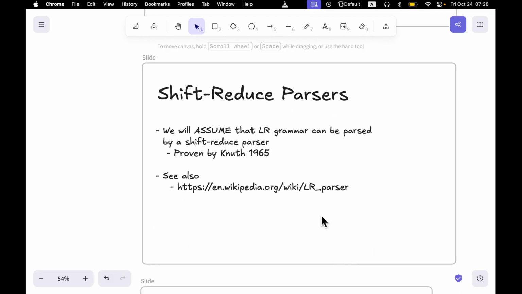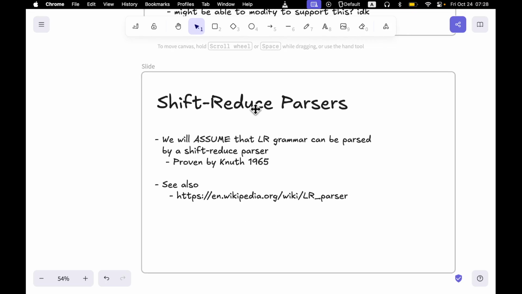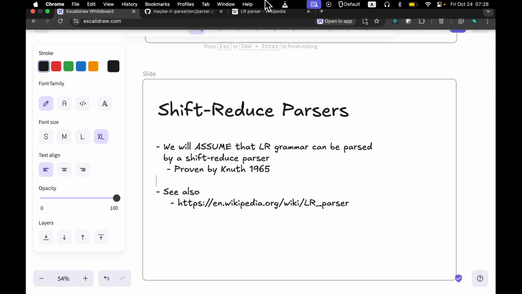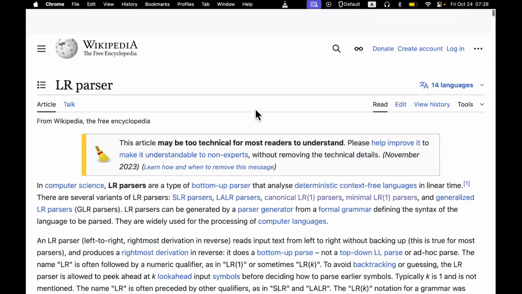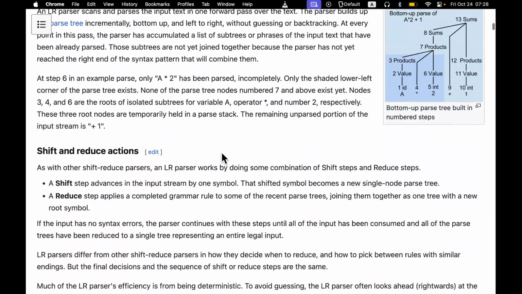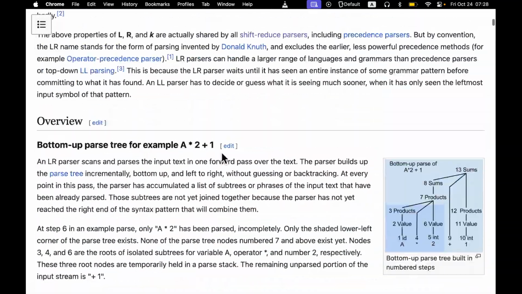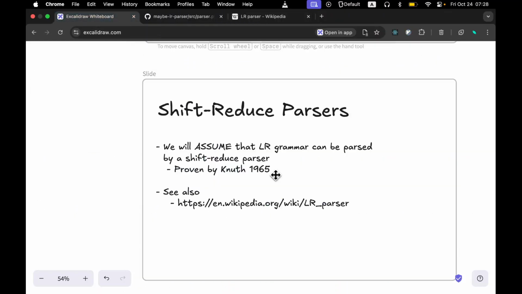Okay, so for some context, let's talk about shift-reduce parsers. We will assume that LR grammars can be parsed by shift-reduce parsers. This fact was proven by Knuth a very, very long time ago, and for more information about this context, you can see the Wikipedia page for LR parser, which explains a lot about how LR parsers parse a certain grammar.